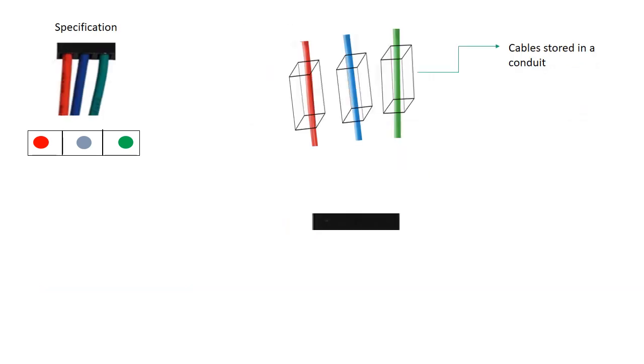Let us see how we can improve it further. This is a kind of automation which I have shown in a symbolic way. There are 3 conduits in which cables are placed in the same sequence as per the specification. When the system switches on, it first gives an indication to the first slot.